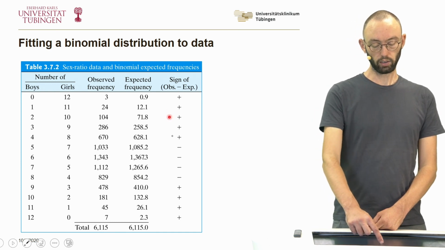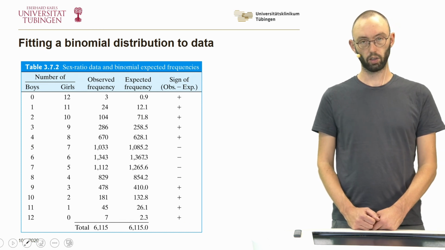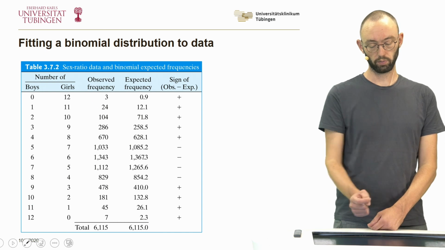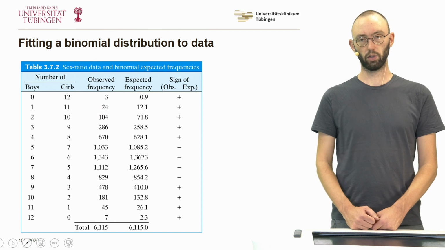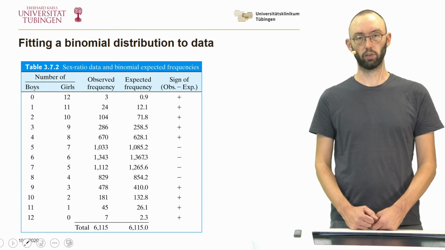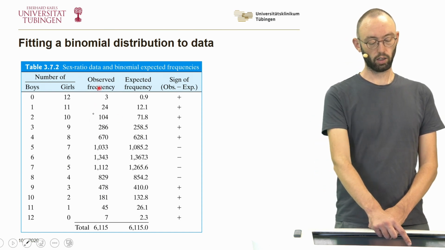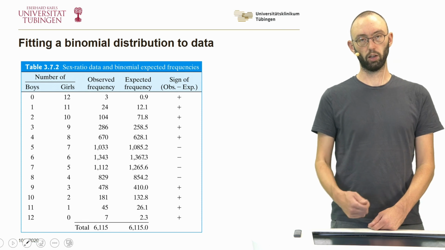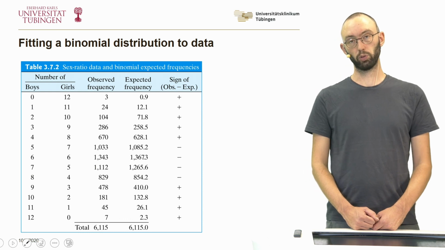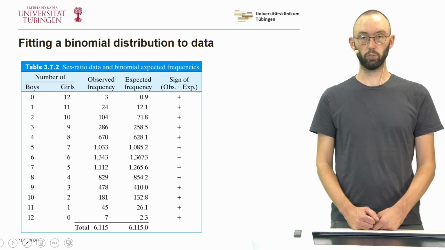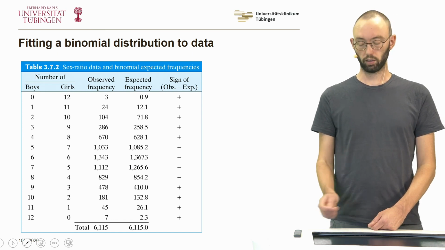We find that at the tails, at the extreme values, the data has always more mass or more families than expected, and in the middle, the data has less mass or fewer families than expected, which means that it's a bit more likely to have these extreme outcomes, so 12, 11, or 10 boys, or 12, 11, or 10 girls, than expected from a purely binomial distribution. Possibly hinting towards the fact that the children you get are not entirely independent from each other.